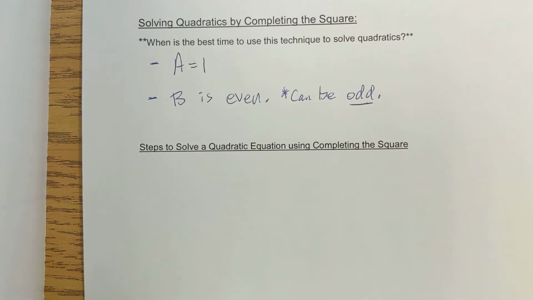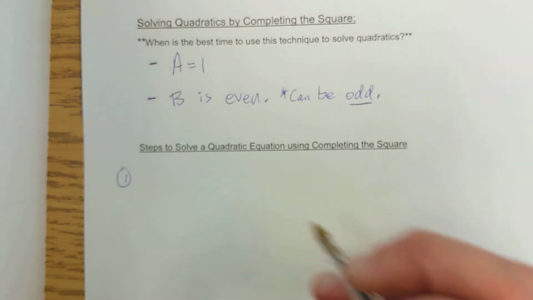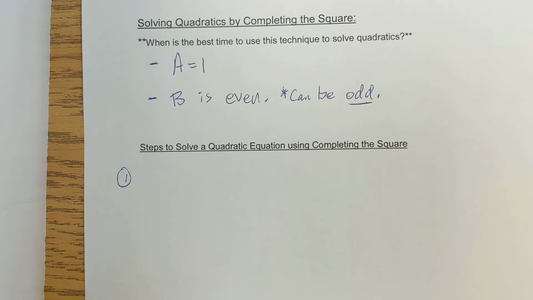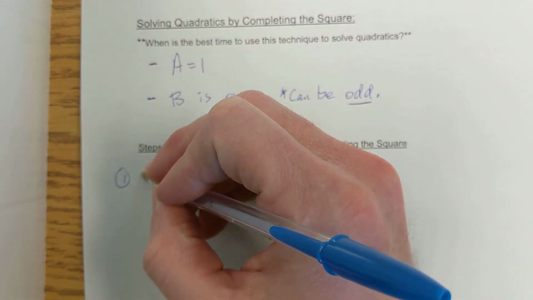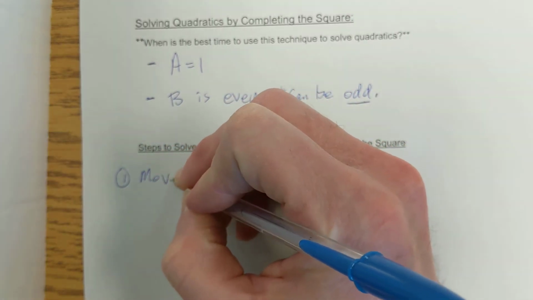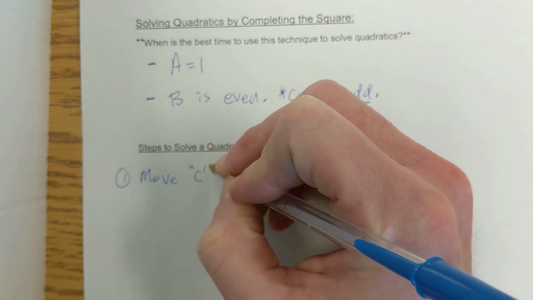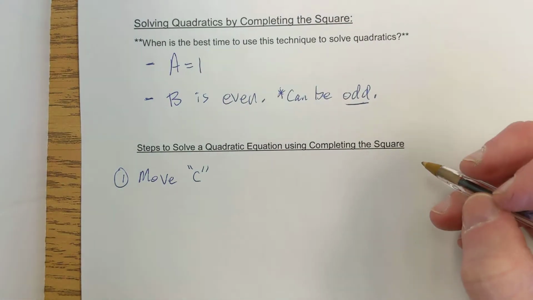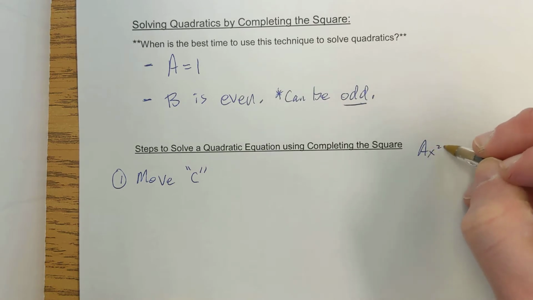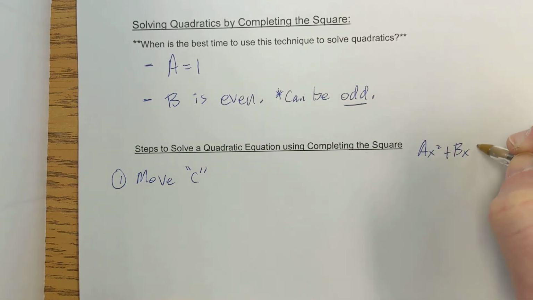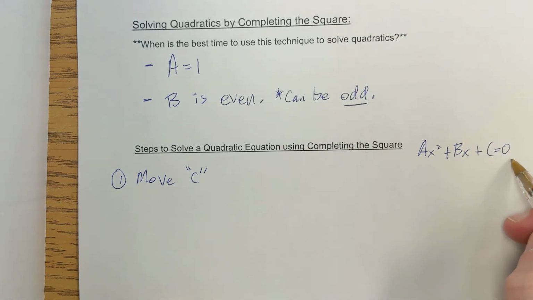All right, so now looking at our steps, we've got several steps that go with solving a quadratic equation by completing the square. The first step, step 1, is to move c to the opposite side if necessary. If a, b, and c are all on the same side, which we typically would see, as ax squared plus bx plus c equal to 0, for completing the square we'd actually need to move this over.